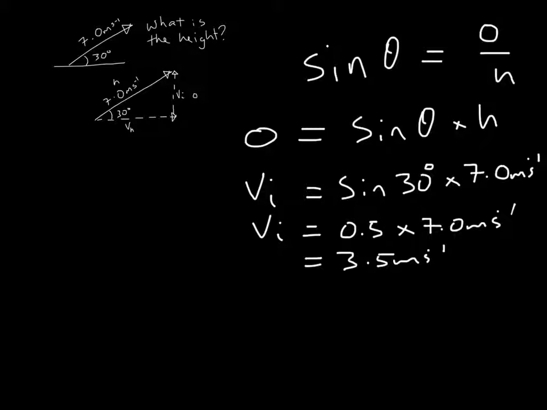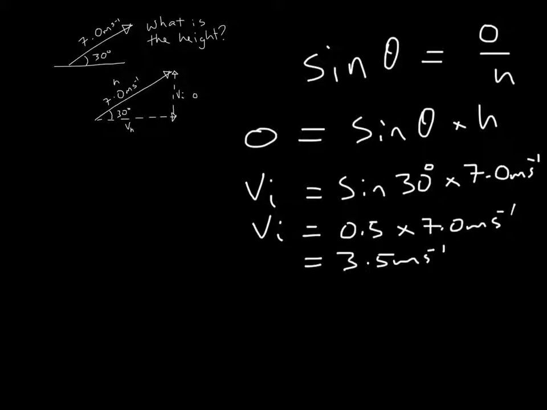Now, I want to go back to this triangle that I drew. When I drew my initial triangle, what I wanted to do is draw it to scale as best that I could. So I made sure that the angle here represented about 30 degrees.